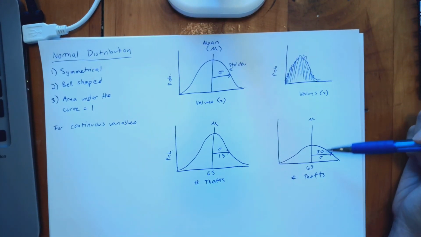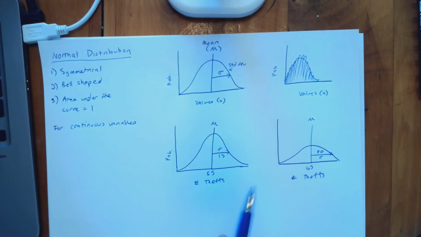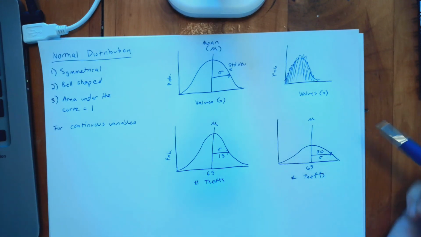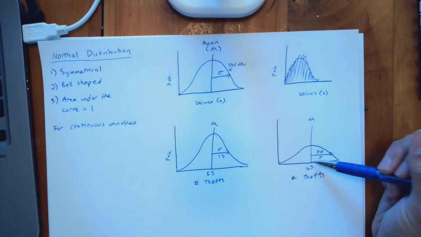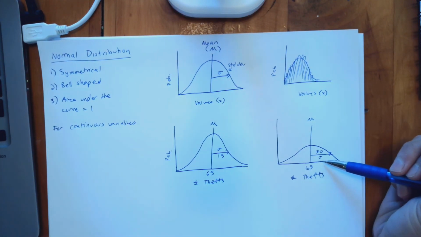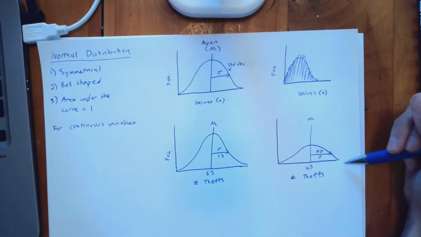For this other graph here with the standard deviation of 30, the graph is a lot flatter. And what this shows is that the probabilities are more spread out. So as you get further away from 65 going in either direction, your probabilities don't drop off quite as quickly. And instead, it's still pretty likely that you'll get something that's far away from 65, even though eventually you do get to the bottom of that bell curve shape.